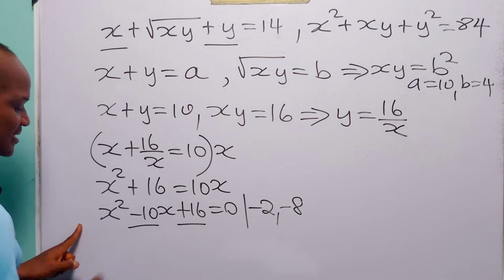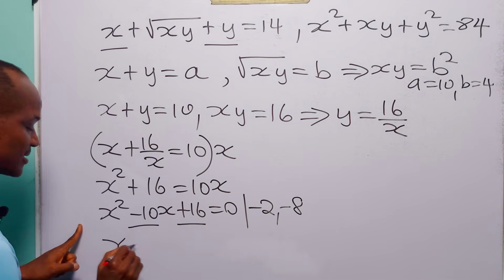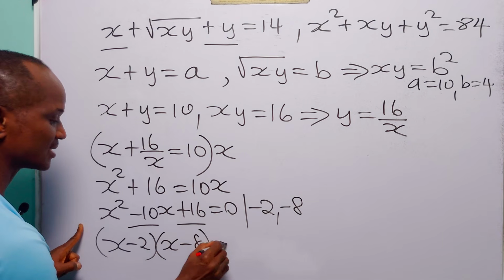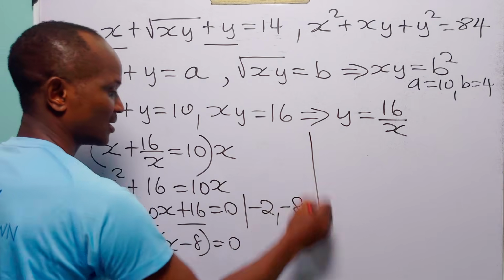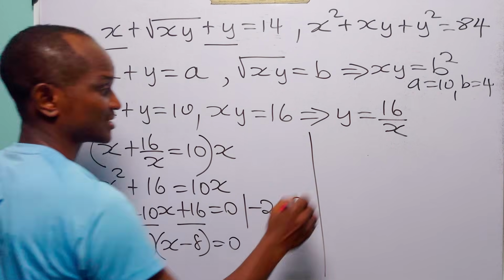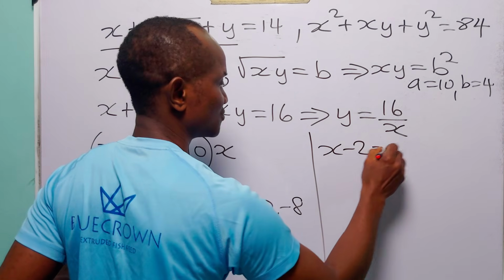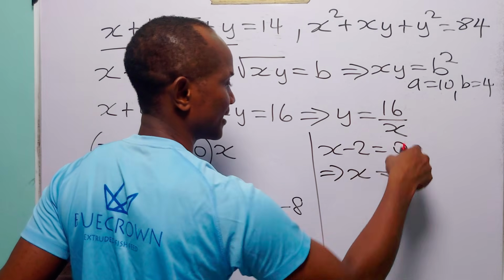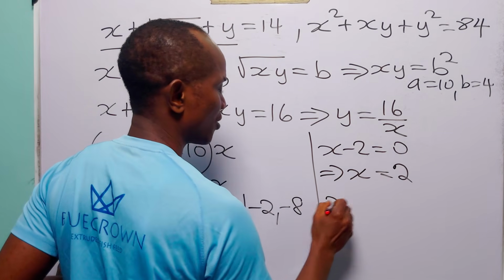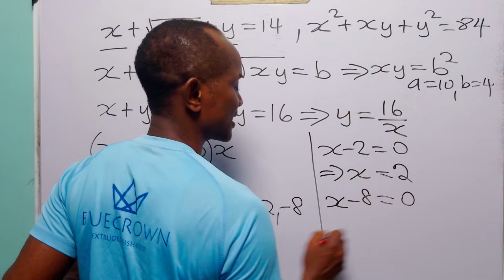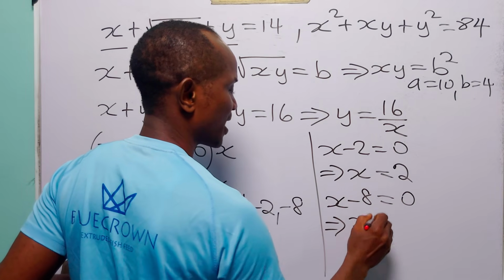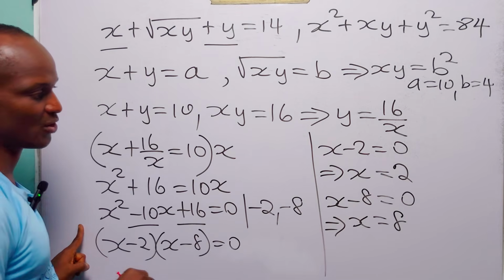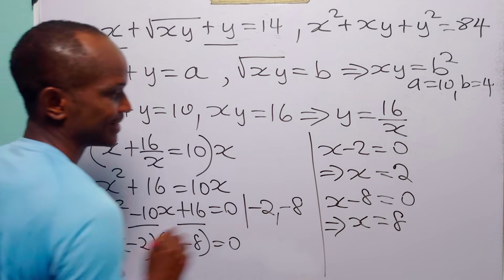So when we factorize the left-hand side, we have x minus 2 times x minus 8 is equal to 0. And of course, from here we have that either x minus 2 is equal to 0, from where x is equal to 2, or x minus 8 is equal to 0, from where x is equal to 8. So we have two values for x, 2 and 8.